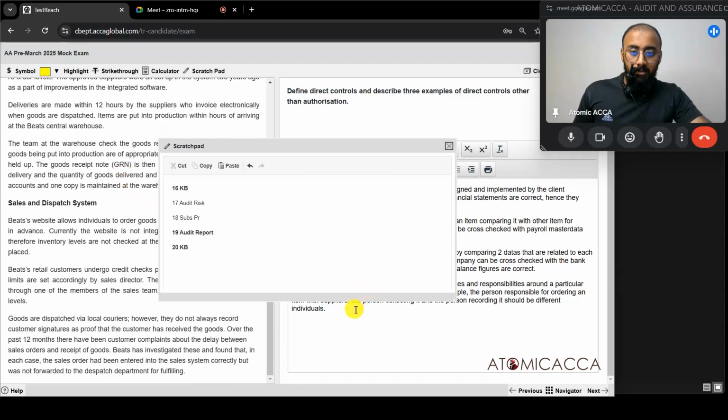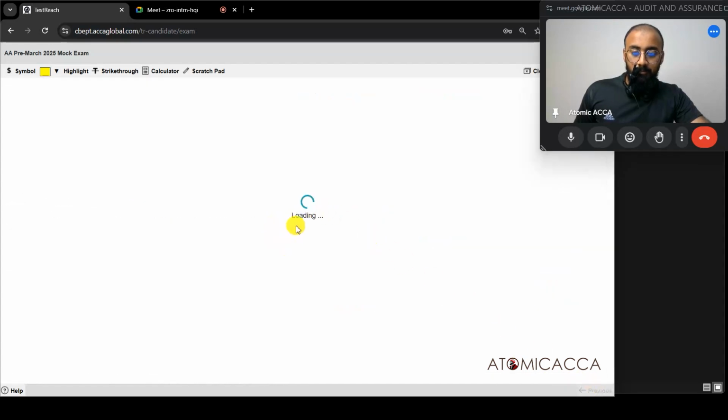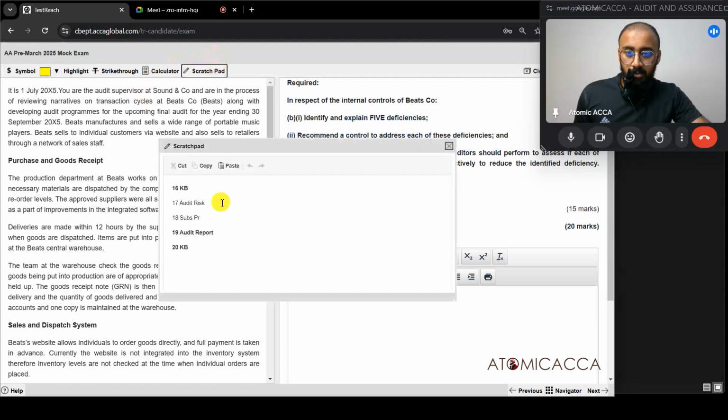Let's go to the remaining ones and see if we have anything in the next case study. Question 21 is related to internal control: deficiency, control, test of control.